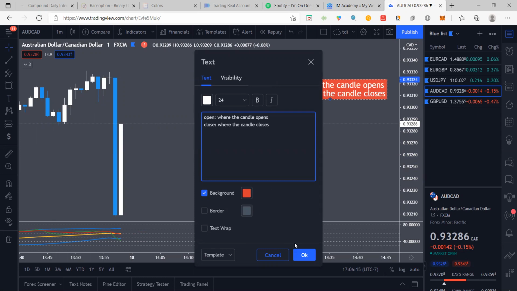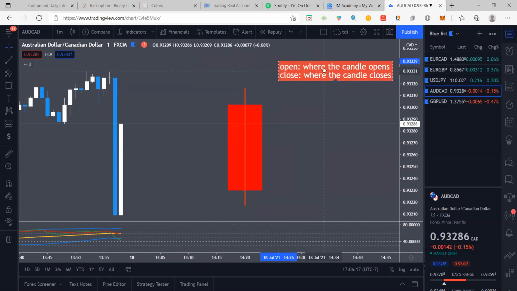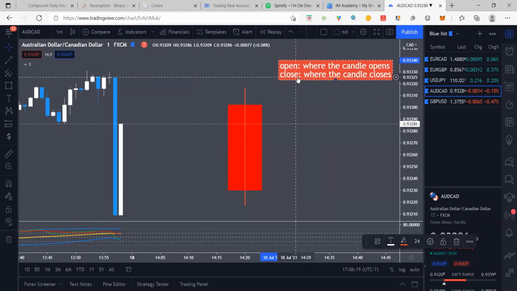Boom. So you need to understand those two words first and foremost, open and close. Now, these apply to the candle body, all right? The part that is filled in, not the wicks, this is the candle body.